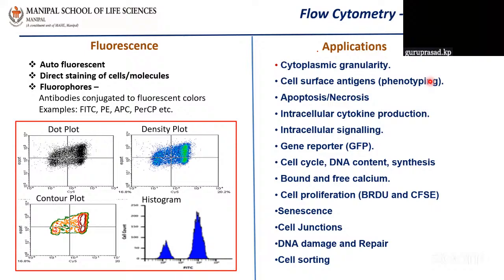Again, among the T lymphocytes you have cytotoxic cells, memory cells, and helper cells, different kinds of T cells. But when you smear them on a slide and observe the lymphocytes, it is impossible to identify which is a B lymphocyte and which is a T lymphocyte.